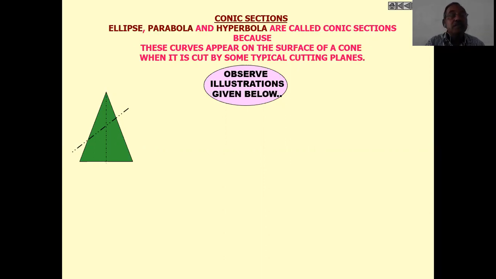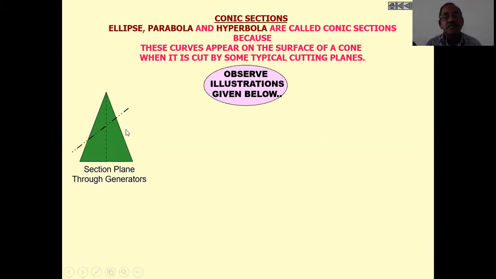Now let us see, just think of this angle for a particular cone, it is called the apex angle. The apex angle is constant for a particular cone, and we denote it as 2 theta. And this is the section plane, and this angle, let's say alpha, is the angle between the axis and the section plane.